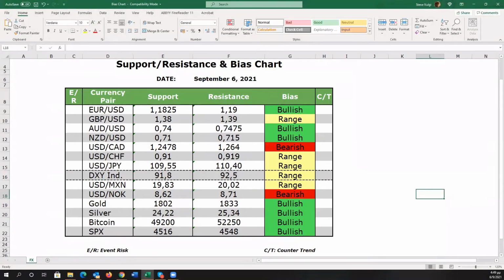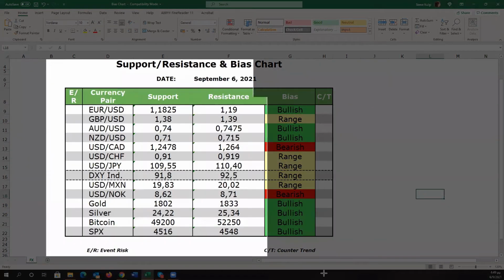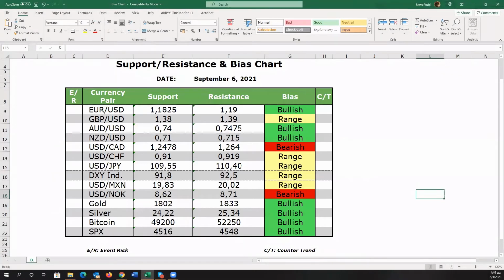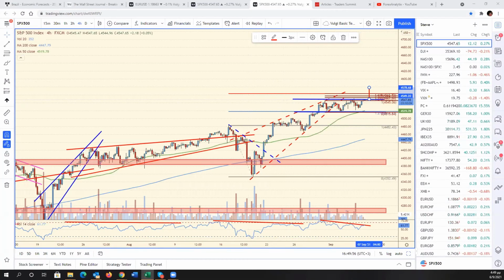There we go. Okay, that's weird. For some reason that didn't work out. Second attempt. Windows don't want to play ball with me at the moment. I have no idea why. I'll do it later. I'm going to leave it open. So that is the bias chart for today.